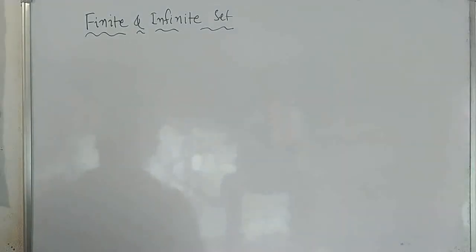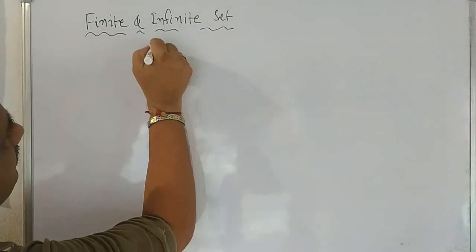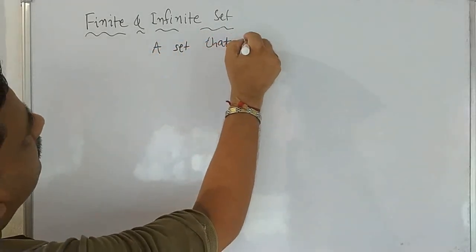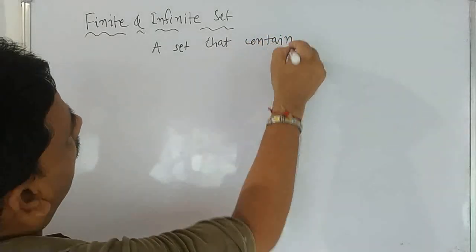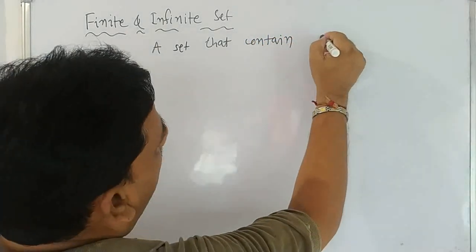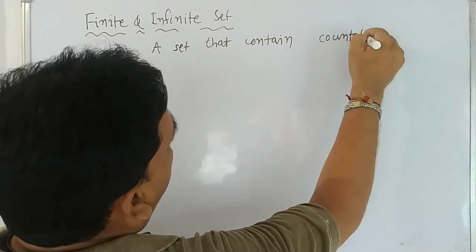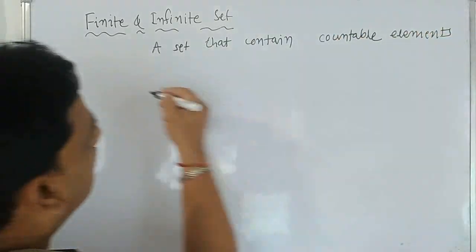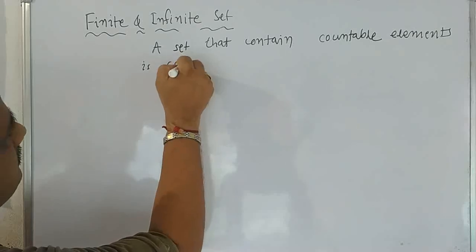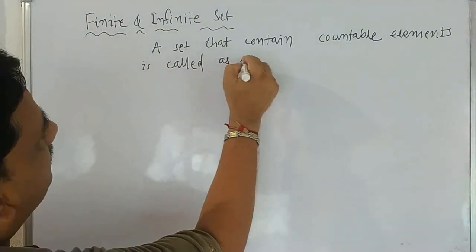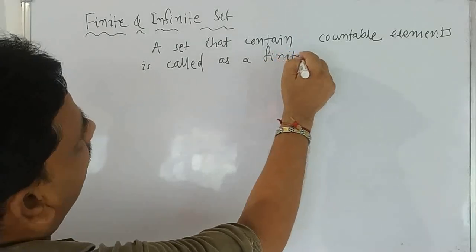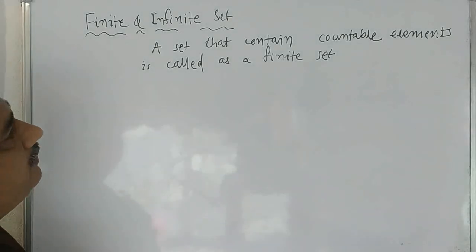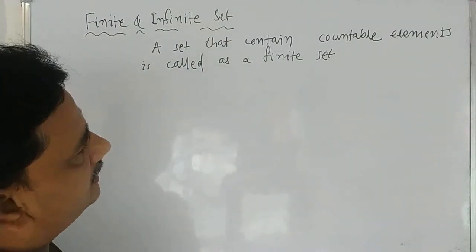Okay, so a set that contains countable elements is called a finite set. Okay, a set that contains countable elements is called a finite set.